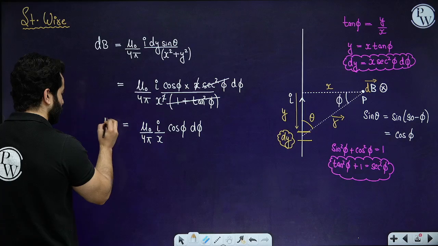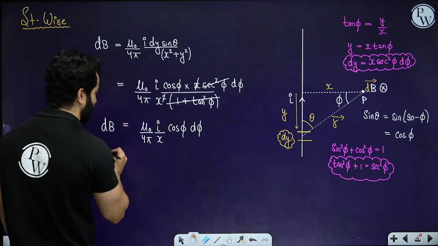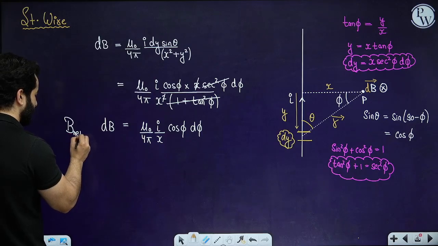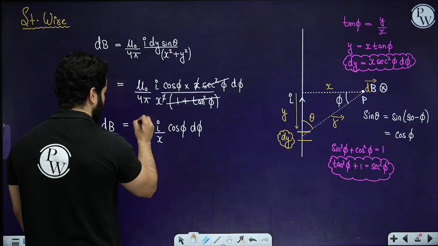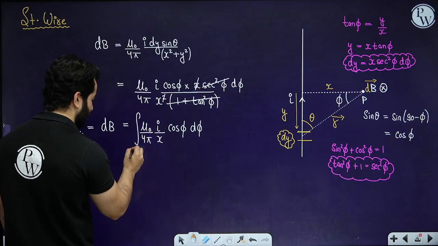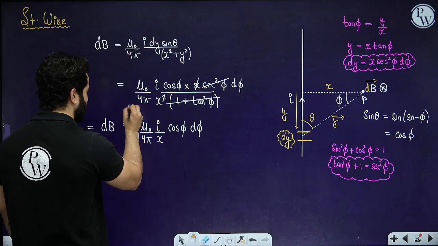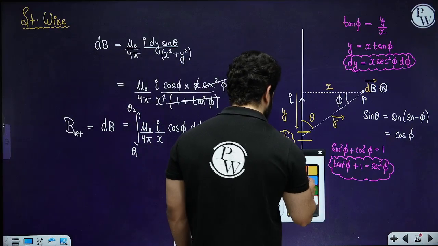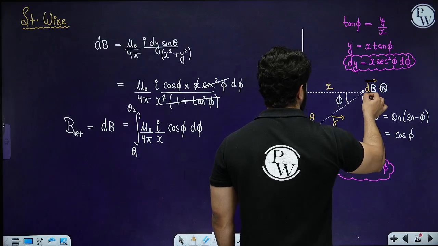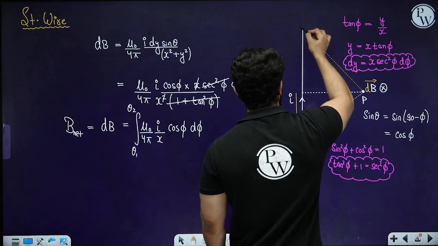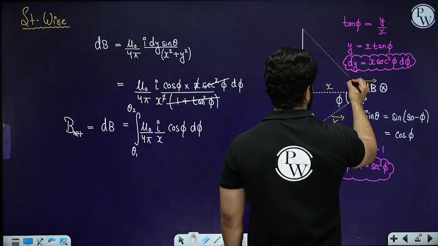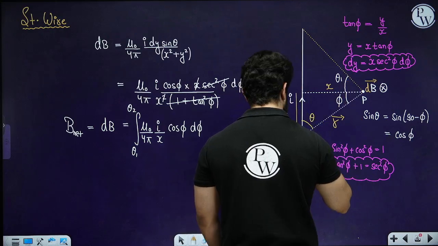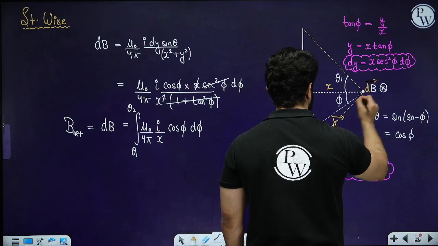And let's suppose I want to find out the net magnetic field in this case, so I'll just integrate it, let's suppose from theta 1 to theta 2. Now what are these theta 1 and theta 2, sir? We surely will have some limits over here, right? So let's suppose this limit is theta 1, and this limit is theta 2.